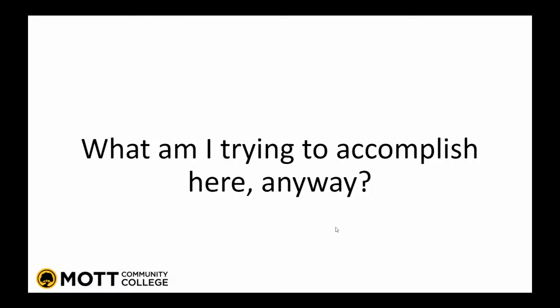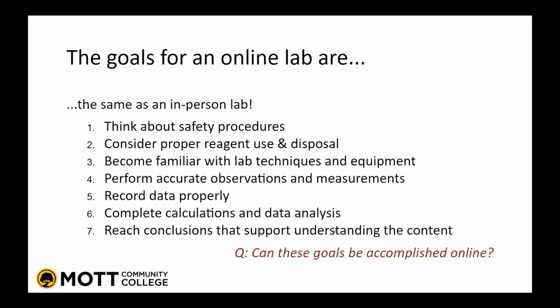There are lots of reasons, but the students really should be doing the same things that they're doing in person. That's ideal. If we break down what a good science lab looks like, if students were in person doing this traditionally, they should be thinking about safety, proper techniques, and reagent use and disposal.